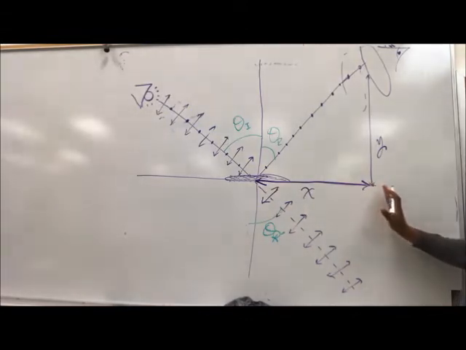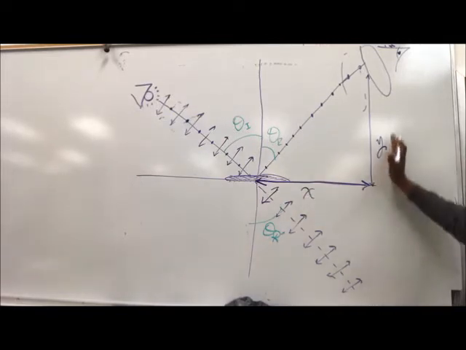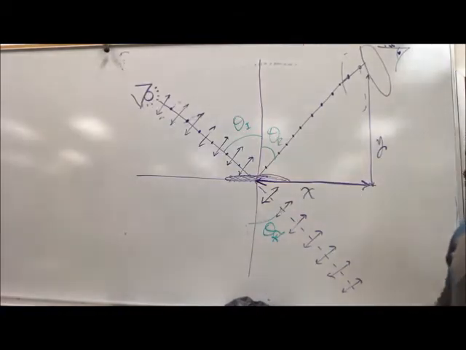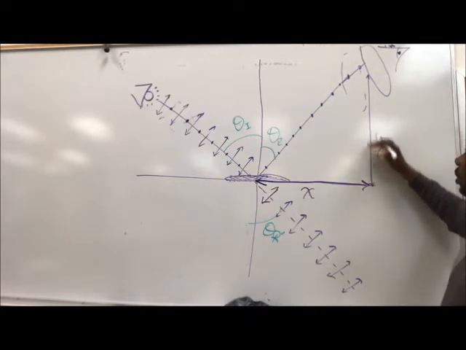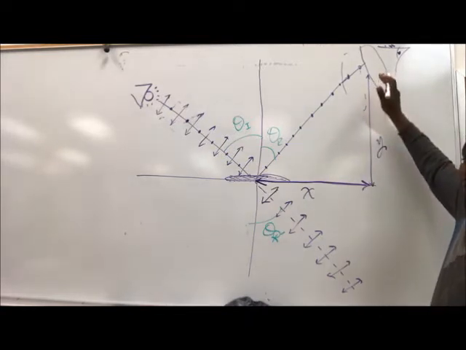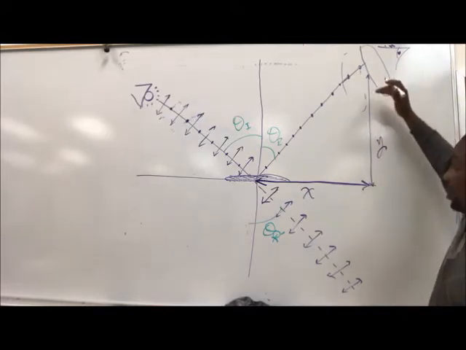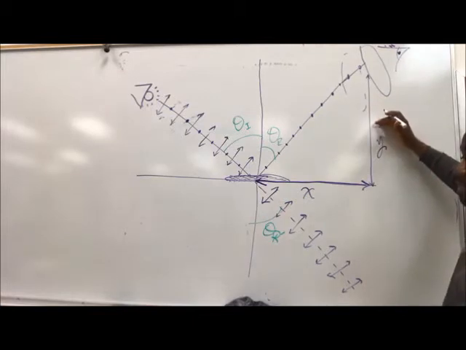From moving your Polaroid a horizontal distance x, and spinning it to get the dimmest possible view of the glare, you move it a distance y to make that glare even dimmer. So you had a dim view of the glare here, but when you move the Polaroid upward, it got even dimmer. And this too is a specific distance. If you go further than y, it starts to brighten up. If you go lesser than y, it brightens back up.